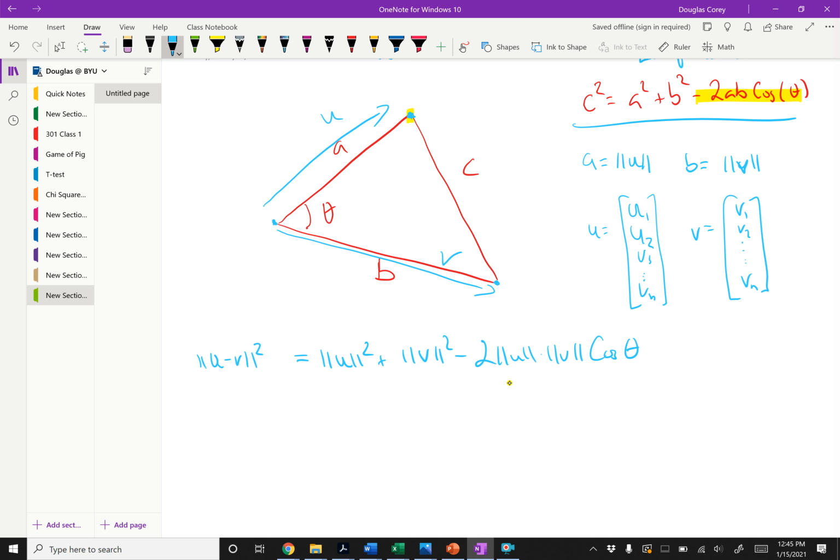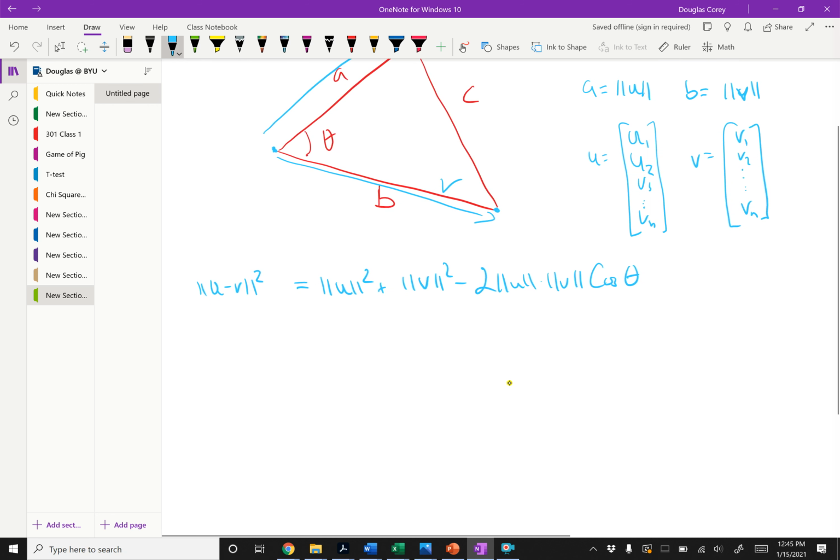This might take some space, but I'm going to replace all of these u's and v's and these squared norms. I'm going to put them in as the vectors, with these coordinates. So what does that mean? Well, if we have the length of u, that's the square root of u1 squared plus u2 squared up to un squared.